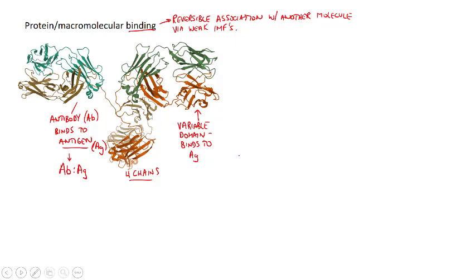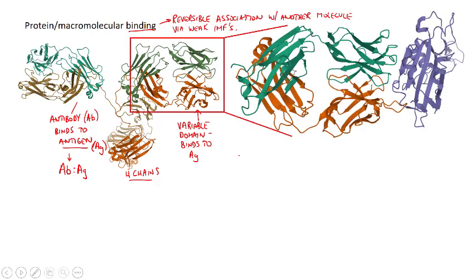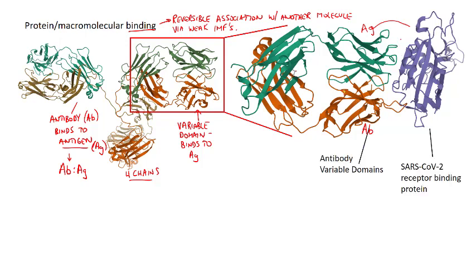Now, if you were to zoom in on the structure of the variable domain as it's bound to the antigen, this is what you would see. We have our antibody molecule on the left, and then in purple is our antigen. And what do you observe? What we observe is that we've got a whole bunch of weak intermolecular forces all along this interface, between the antibody variable domain and this antigen protein.